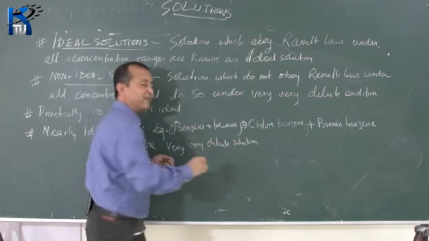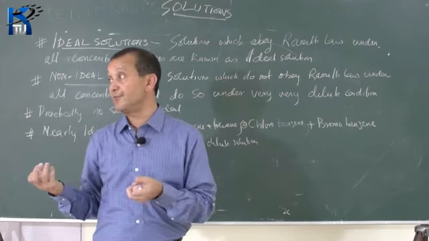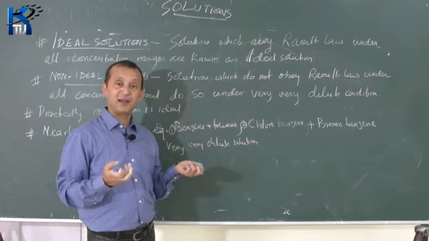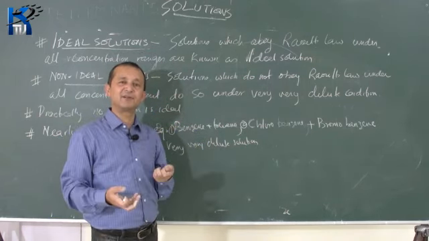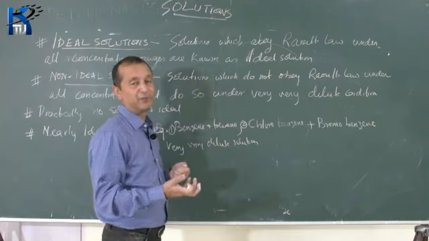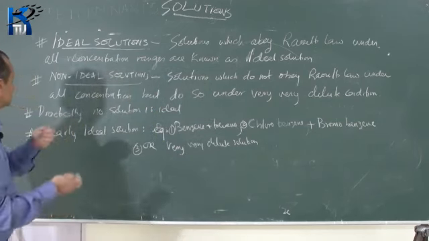Suppose you have a solution which is not ideal, but if you make it very, very dilute, then you might have an ideal mixture. It can behave like an ideal solution, so this is a nearly ideal solution.